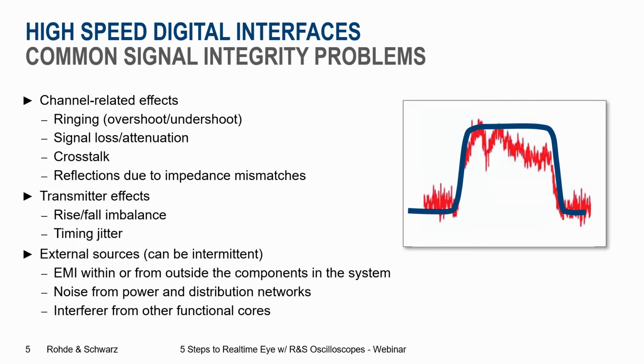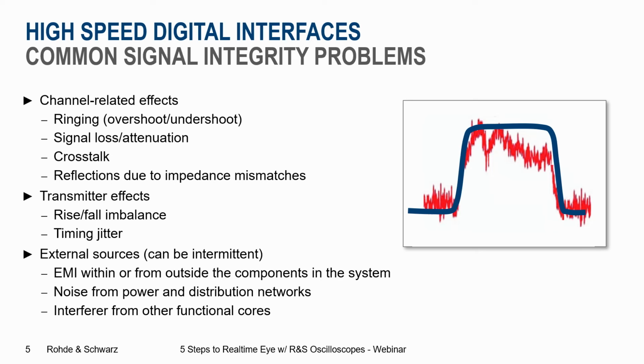First of all, there are channel-related effects like ringing, signal loss due to the traces, crosstalk from other signal traces, and reflections due to impedance mismatches. But there are also effects from the transmitter side, like an imbalance between rise and fall time. There could be some timing jitter already coming from the transmitter device. Or there also could be external sources.